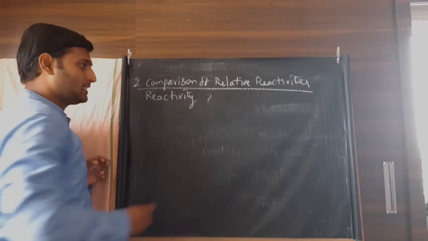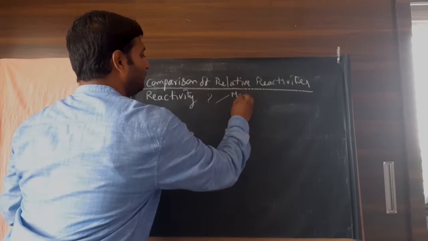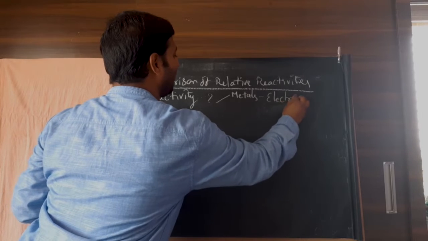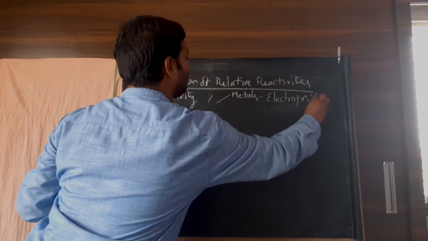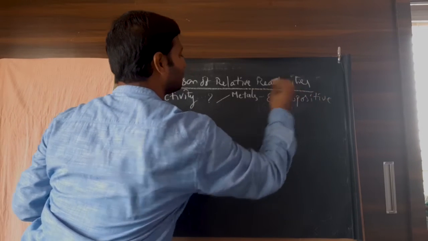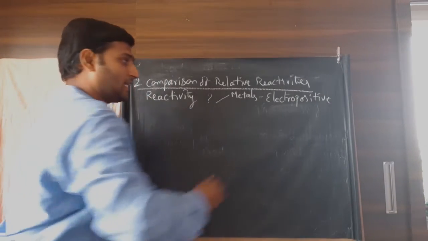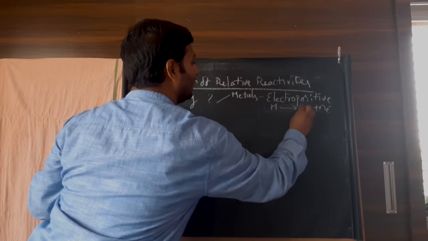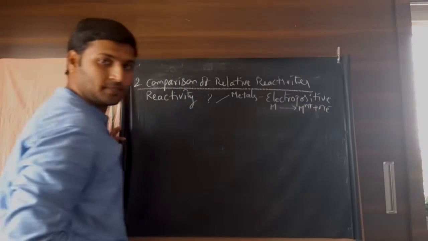The answer is, if it is metals, the reactivity is defined by their electropositive character. What is electropositive character? The tendency to lose electrons and turn into cations.